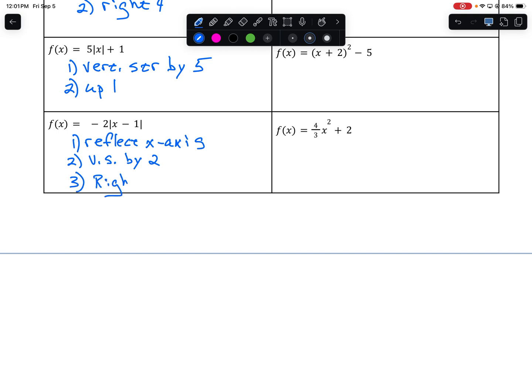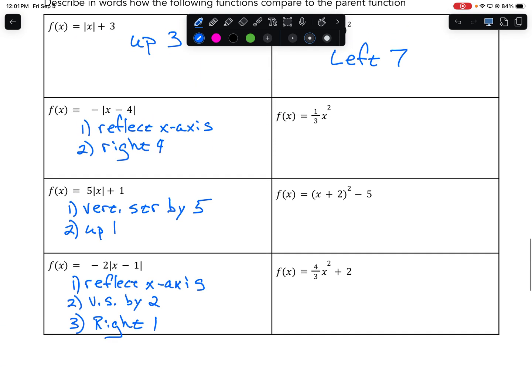Vertical stretch. 1/3 is a vertical what? Vertical compression. We'll write it out for John, he wanted more. By 1/3.